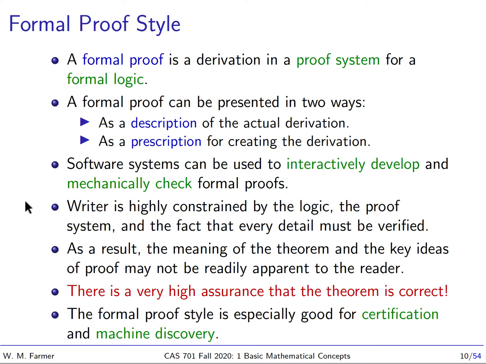So a derivation is going to be a very formal thing. That's why it's called a formal proof. And these formal proofs can be presented by describing the actual derivation or by prescribing how it's created. Neither way is ideal.